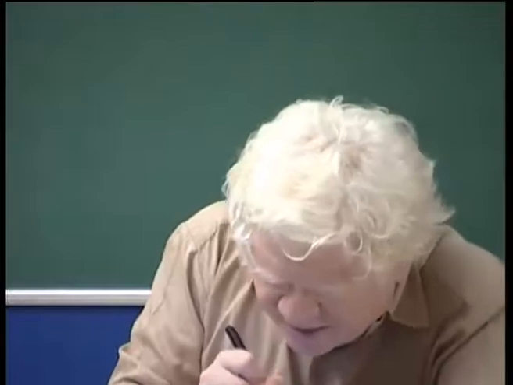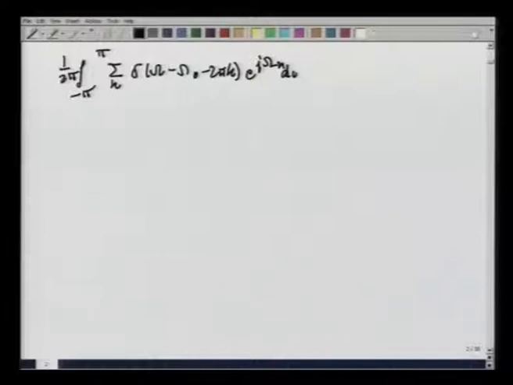We get the integral from minus pi to pi of 1 by 2 pi times the summation over all k of delta(omega minus omega naught minus 2 pi k) e to the j omega n d omega. This, if evaluated just as in the previous example, will give you that its inverse transform is e to the j omega naught n, which is a periodic complex exponential, which is clearly not absolutely summable.